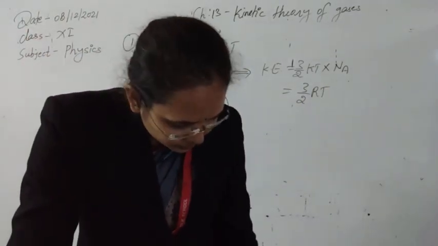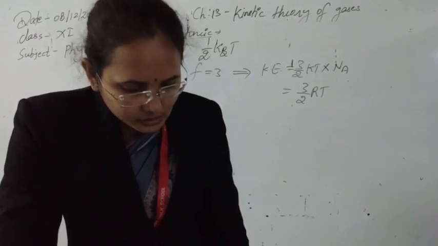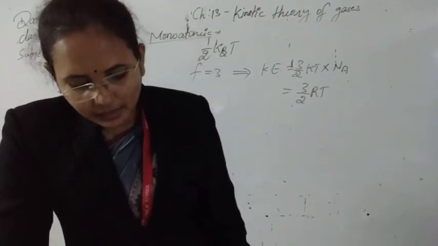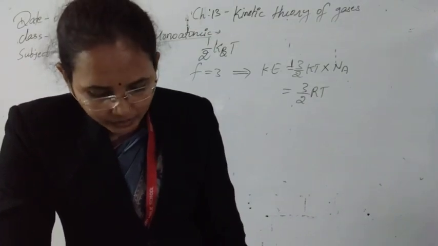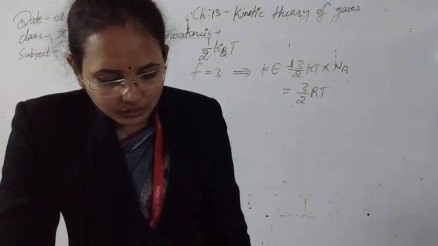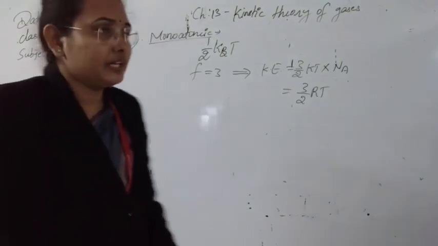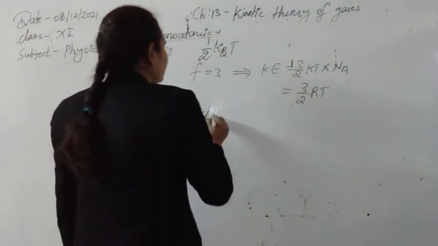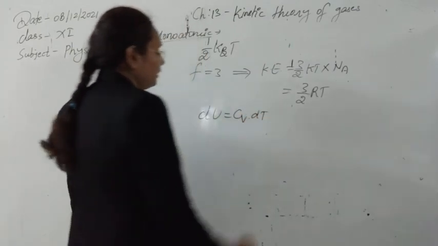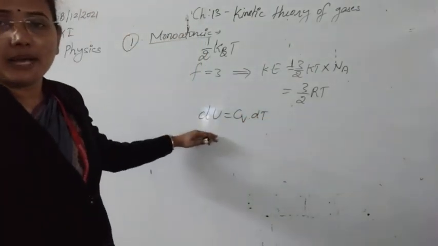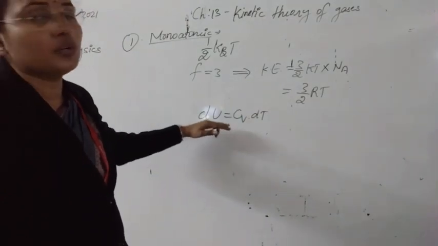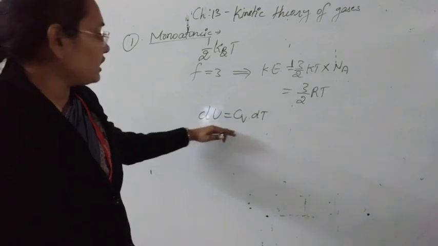Next, suppose dU is a small amount of heat energy required to raise the temperature of 1 gram mole of the gas at constant volume through a temperature dT. Then we can write dU is equal to Cv dT, because at constant volume the heat supplied to the system is equal to the change in internal energy.